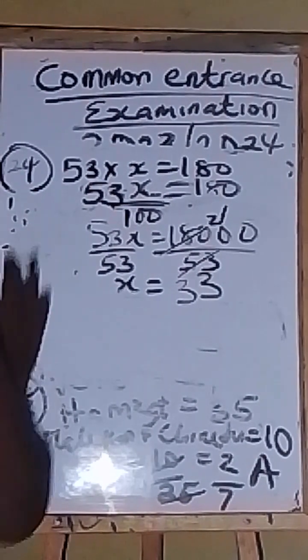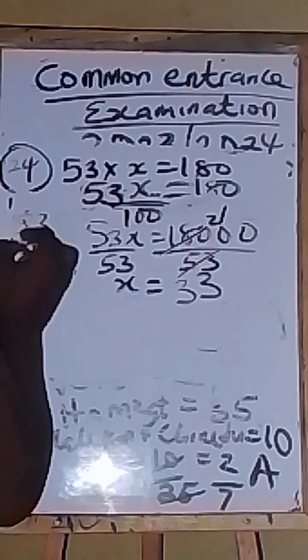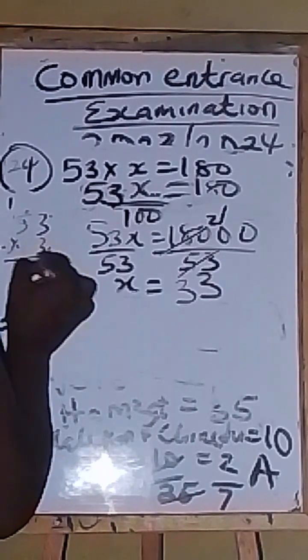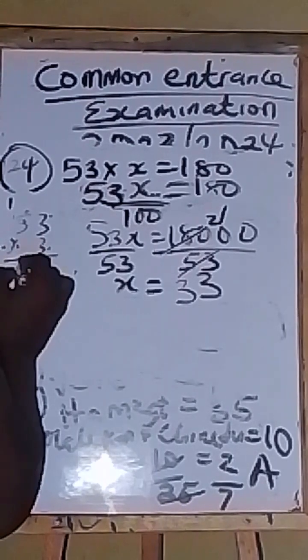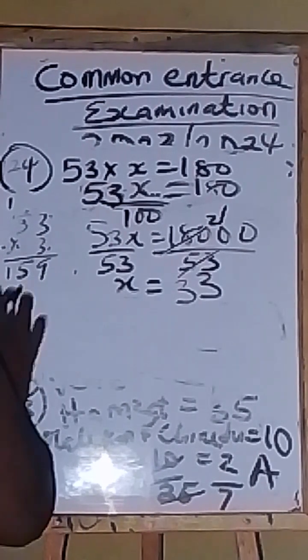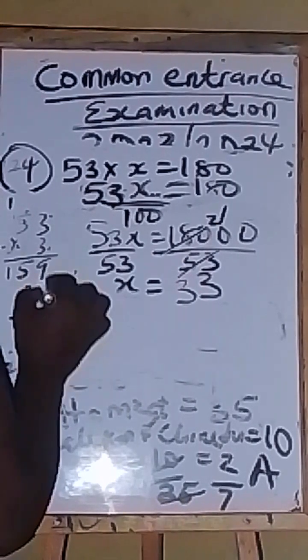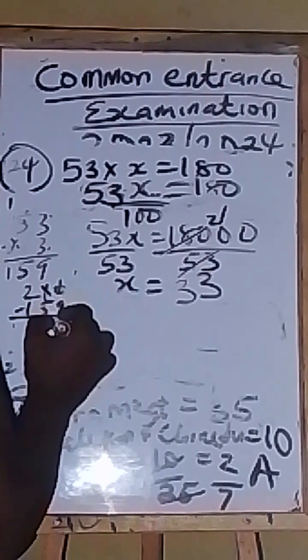We still have 3 again. 53 times 3, 3 times 3 is 9, so 159. Then 2 minus 159, only 1 here.